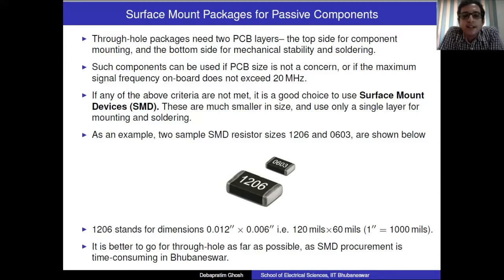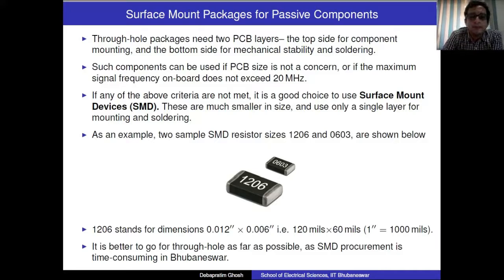So these kind of devices are called surface mount devices. Now, the good part is that they are much smaller as compared to your through-hole components. So therefore, they take a lot less size, and they need only one layer for soldering as well as mounting. So whichever side of the PCB you are mounting the component, the very same layer has to be used for soldering.